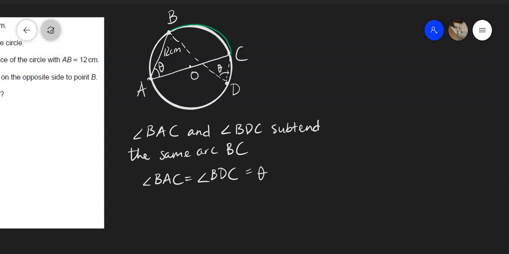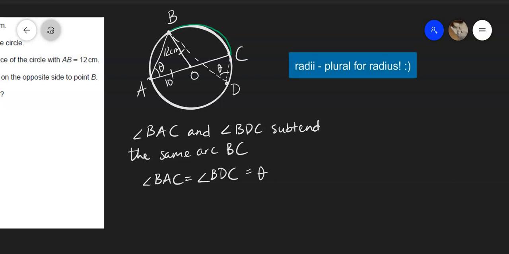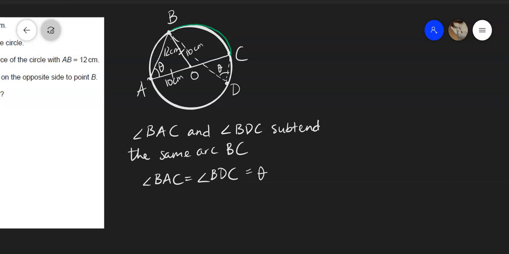Now let's take a look at the triangle AOB. I'm going to connect the points B and O. The first thing we can notice about this triangle is that it is isosceles. This means that we have two equal sides, AO and OB. They are both radii, right? And they are equal to 10 centimeters. This also means that the angle A is equal to the angle B in the triangle AOB.